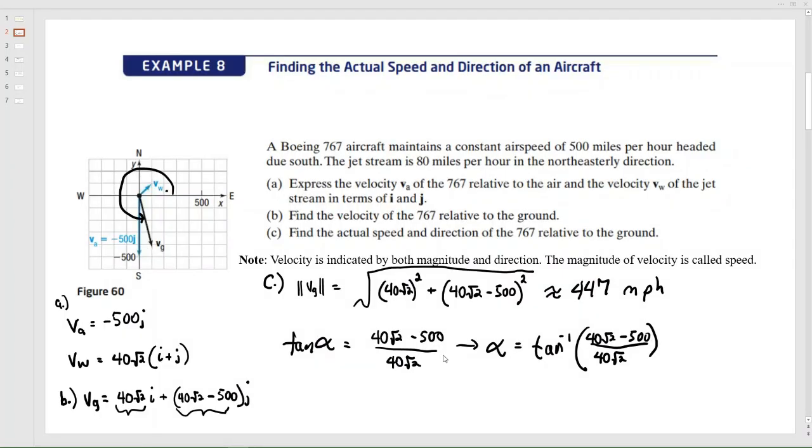Okay, so our angle is roughly negative 82.73 degrees.